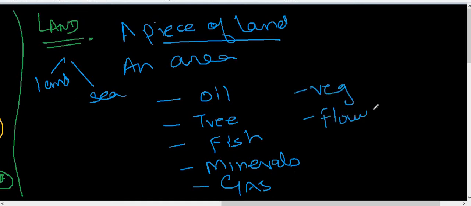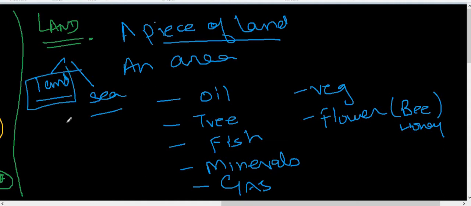If you need flowers to produce a product, say I have a beehive and I'm taking honey, so you need flowers. Anything which comes under land and sea would come under land, which is a factor of production.